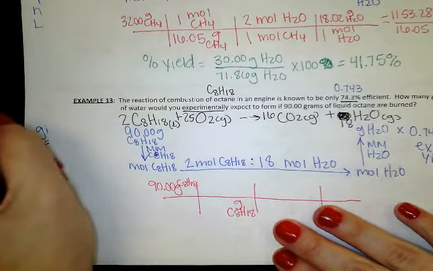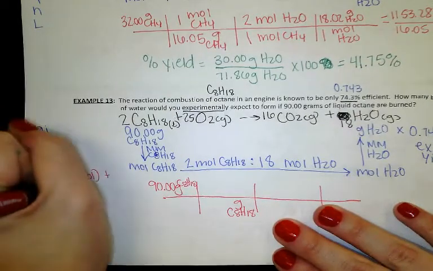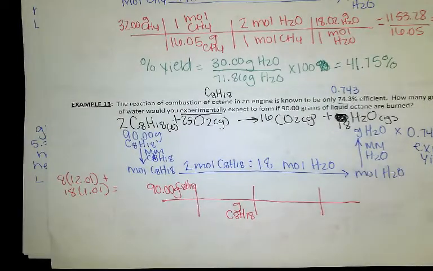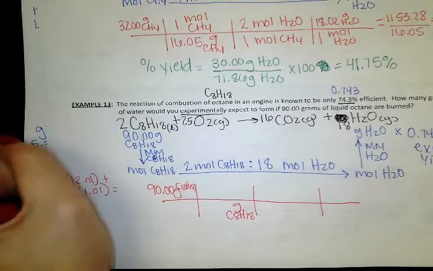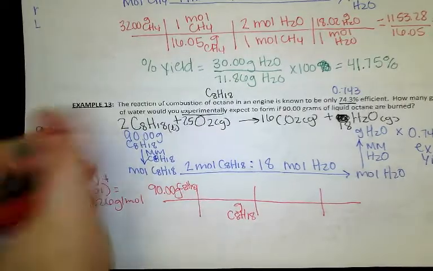Let's calculate that. It's going to give me 114.26 grams per mole. Okay, so 114.26 grams of octane and 1 mole of octane.